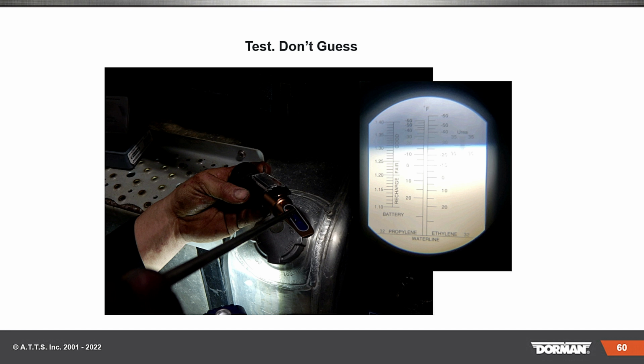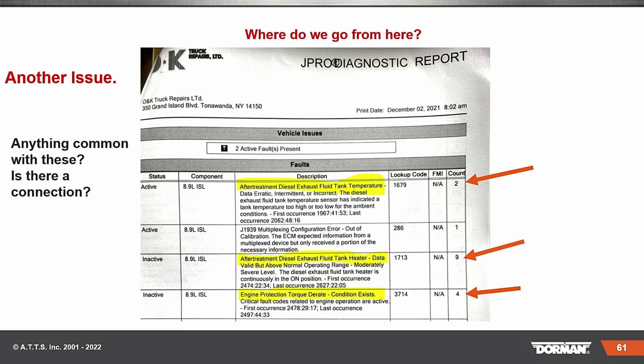And these computers today are so sophisticated that they can actually catch a lot of that. That's all I'm trying to say with this. So now, another issue: aftertreatment exhaust fluid and so on. We talked about the counts and everything.